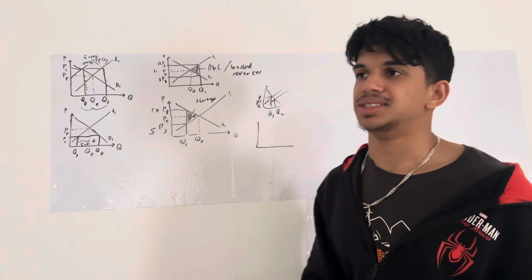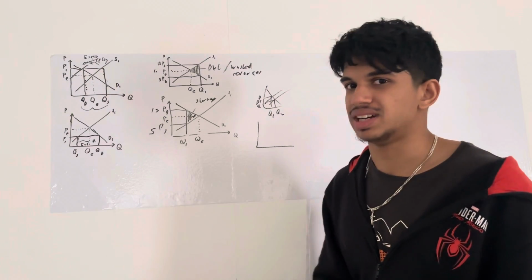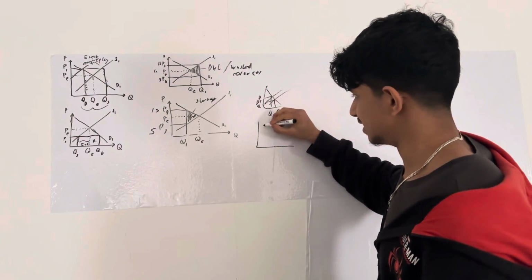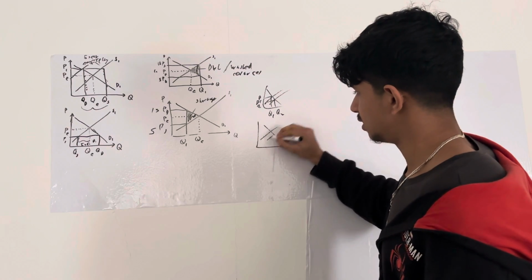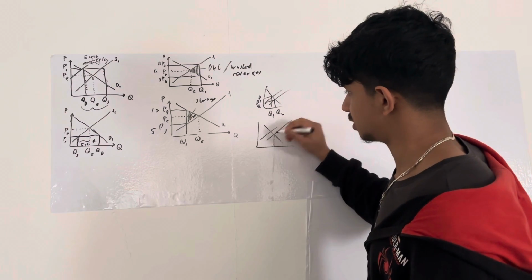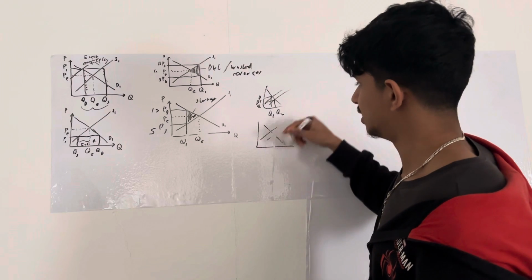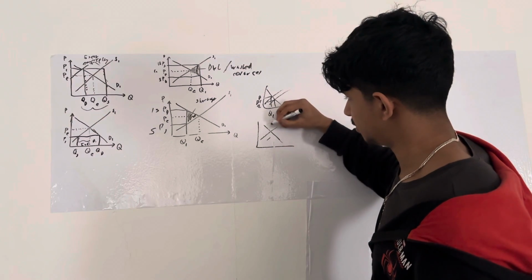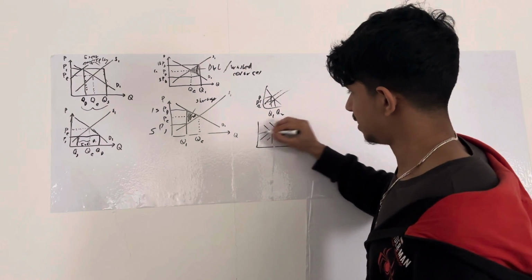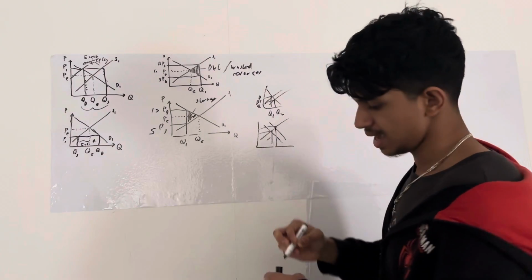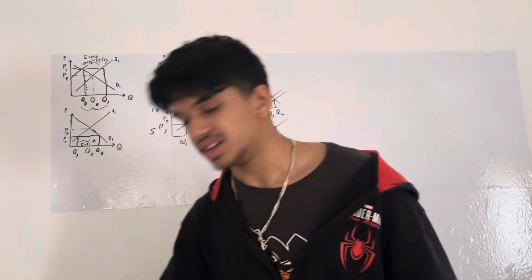This is a shift in supply. So with more income, they're able to shift their demand like this, and that reflects on another firm.